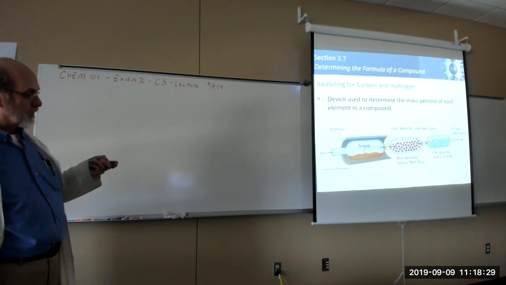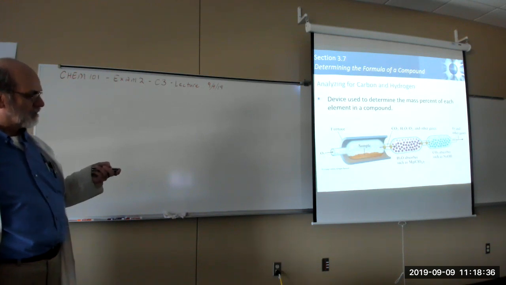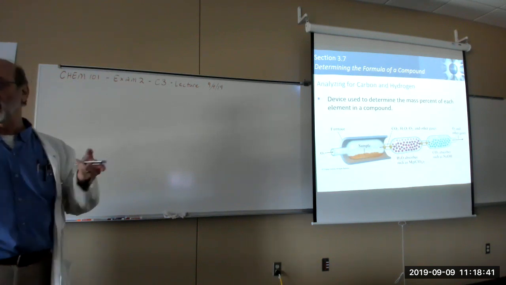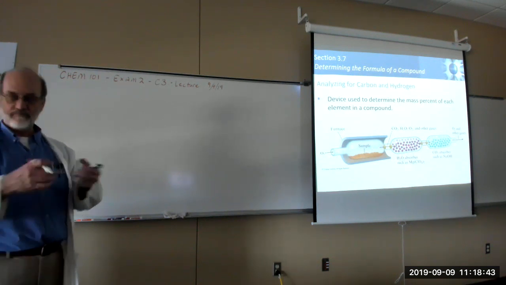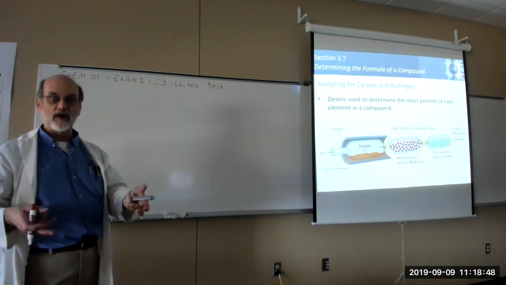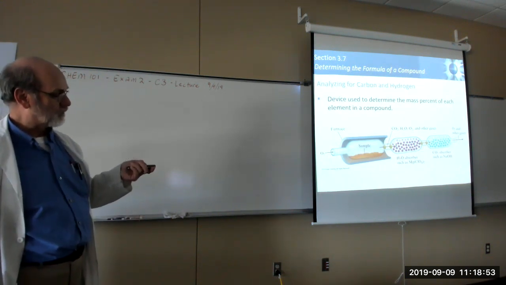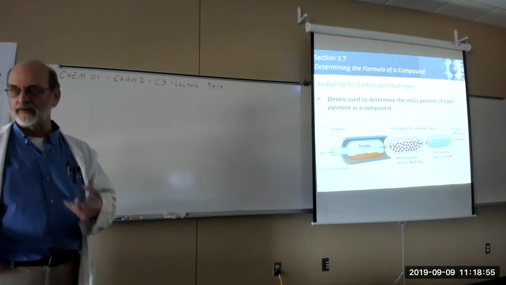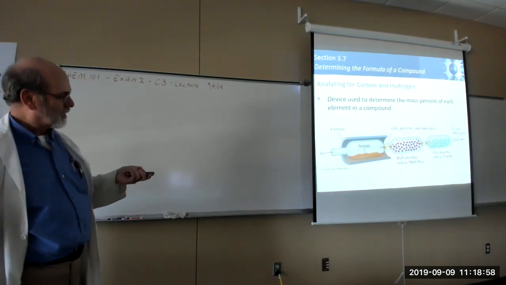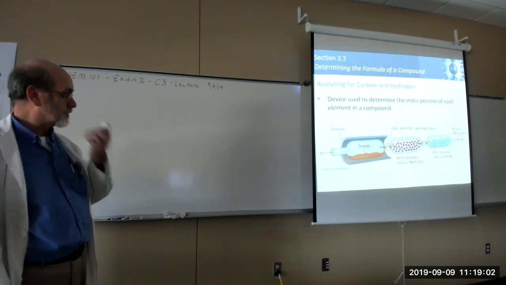And it converts everything, when you burn your sample, to carbon dioxide and water. So we absorb the water here first, and we know how much that weighs beforehand. So we just pull it loose after we finish the experiment and weigh it. We find out what the difference is. That's how much water is absorbed. And then this one goes through and picks up the carbon dioxide, and we do the same thing. We just weigh it before and after. So we know how much hydrogen was produced and how much carbon was produced.